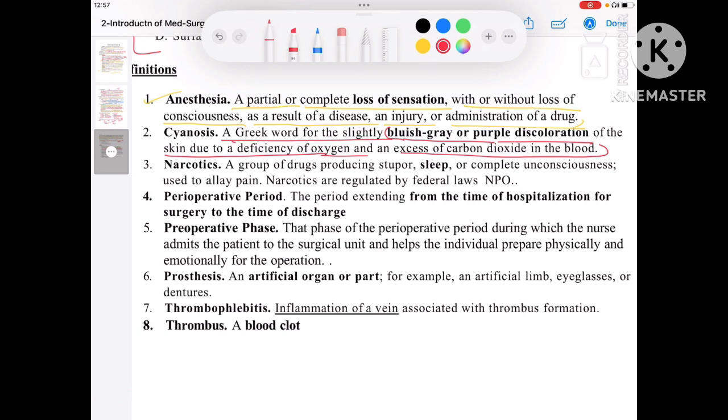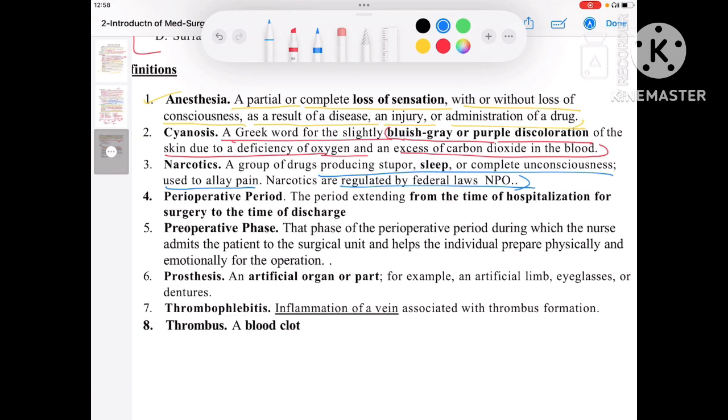The next one is narcotics: a group of drugs producing stupor, sleep and complete unconsciousness, used to allay pain. Narcotics are regulated by federal laws. They produce stupor, make one feel sleepy, cause unconsciousness and give pain relief.